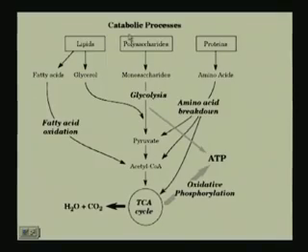Continue our glycolysis. We started off yesterday where we considered the different metabolic processes that actually go on in the body, and if we look at the first slide here, the overall catabolic processes look at the breakdown of lipids, polysaccharides and proteins. Now, the breakdown of lipids gets into components of fatty acids and glycerol.